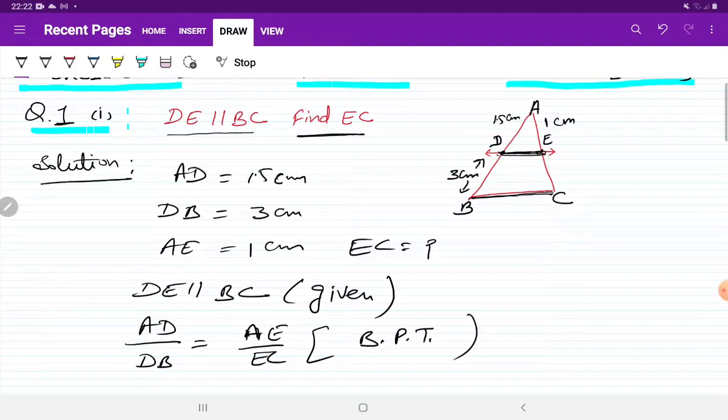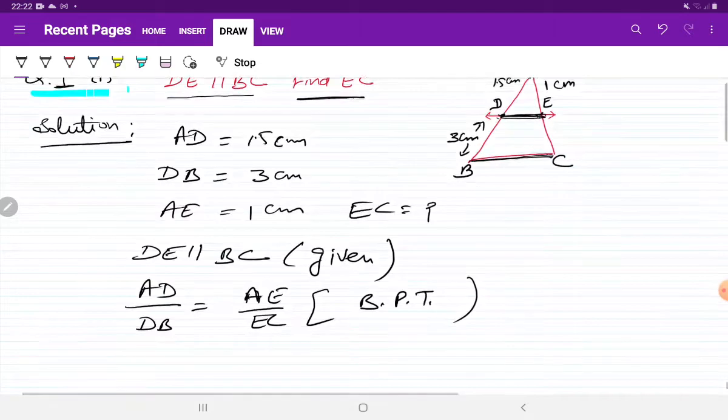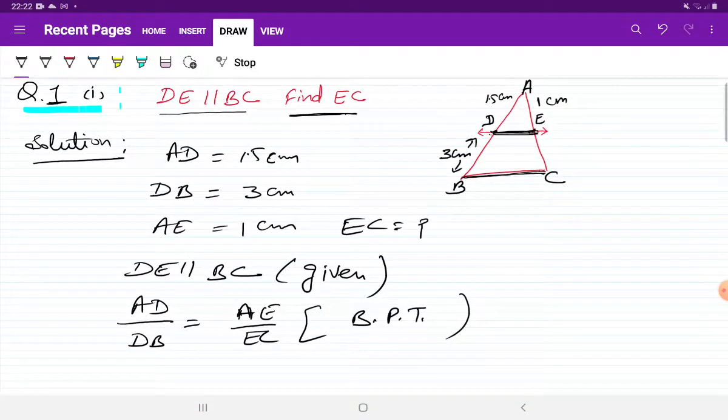What does Thales theorem state? If any line is parallel to one side of a triangle, then that line divides the other two sides in the same ratio, which we are using here. AD upon DB is equal to AE upon EC.